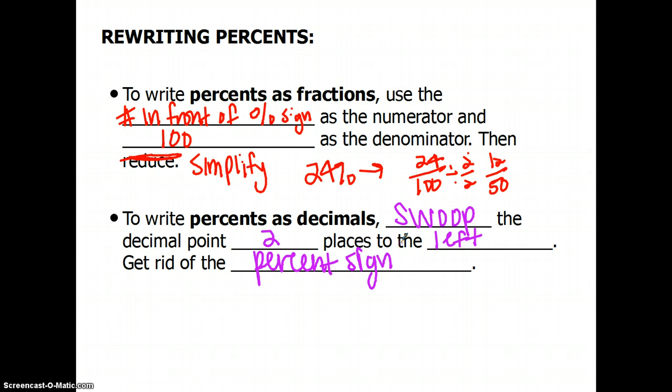Okay, an easy way to remember whether you're swooping left or right is, let's say we have 34%. If you want to take it away from the percent, you swoop away from the percent sign. So you swoop 2 to the left and you get 0.34.